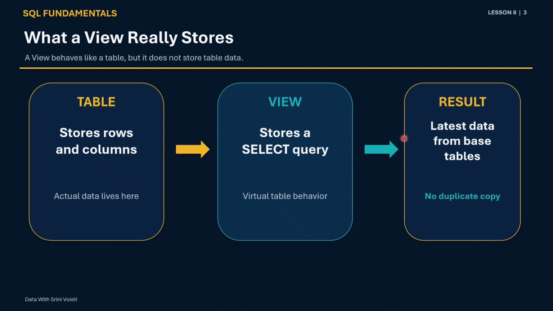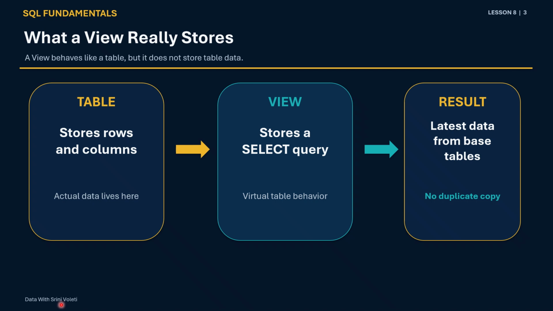To the consumer, it has named columns and can appear in a FROM clause much like a table. But the result rows are normally not stored as a separate duplicate data set just because we created the view. The distinction matters. If a claim changes, a normal view can reflect the new claims data the next time the view is queried.